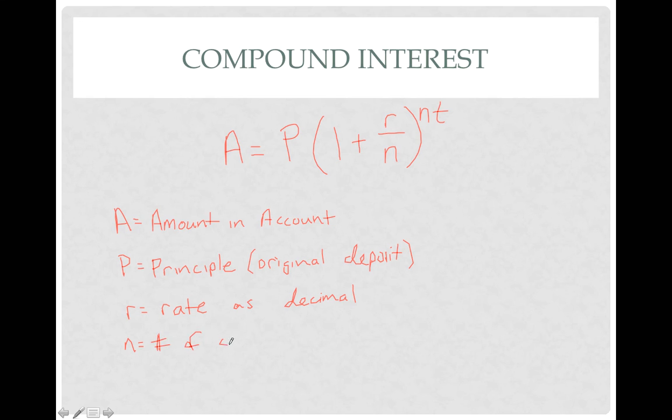Number of compounds per year. So if it said compounded monthly, N would be 12. If it said compounded quarterly, N would be 4 because it's 4 times a year. And then T should be kind of obvious. T is time in years. So T is the amount of time in years that this is going on.